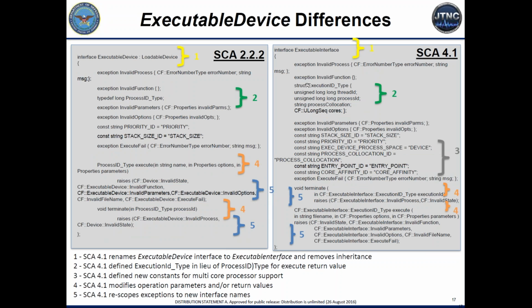Executable device. You'll see that where the 222 executable device inherited from a loadable device, when we move over to the 4.1 executable interface, there is no inheritance relationship.